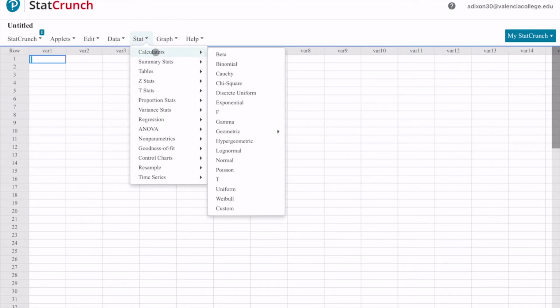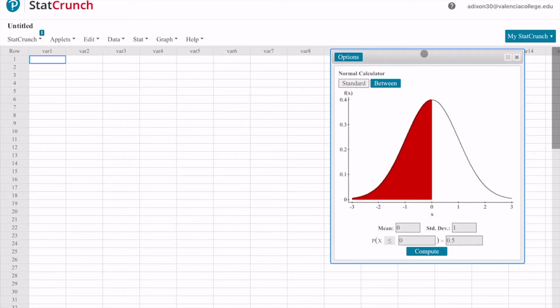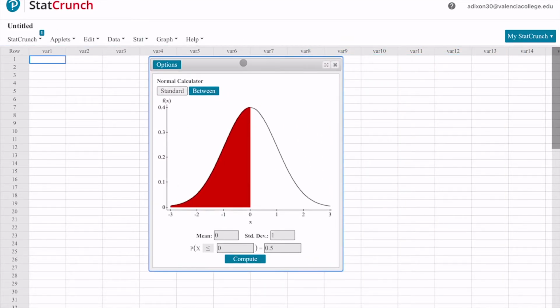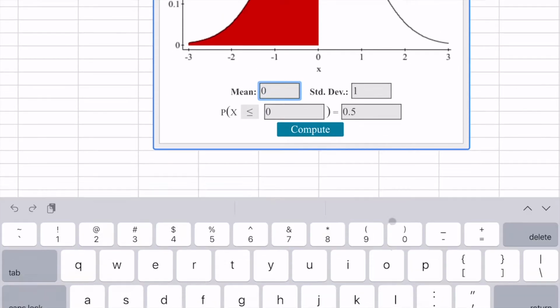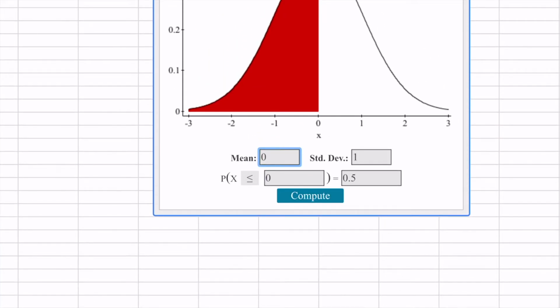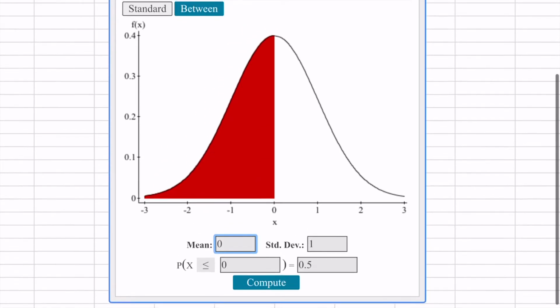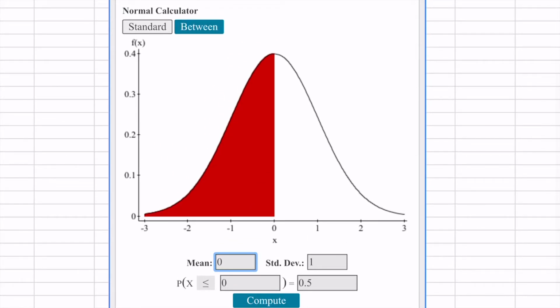Stat, we go to calculators, we go to normal. Drag this over, make this a little bigger for you guys. Since we are now converting everything over to the z distribution, we know that the mean is still 0, and the standard deviation is 1. That's just a rule for z distributions.